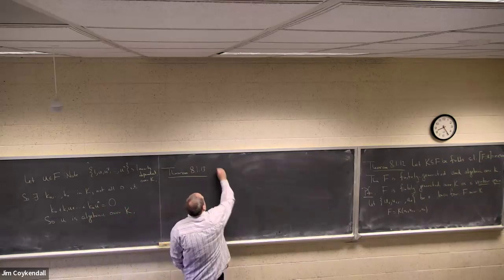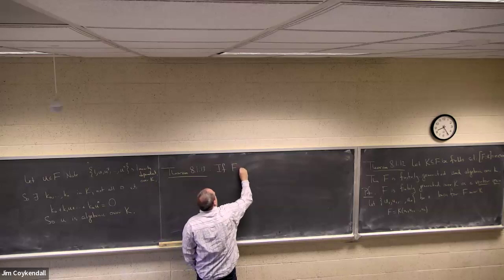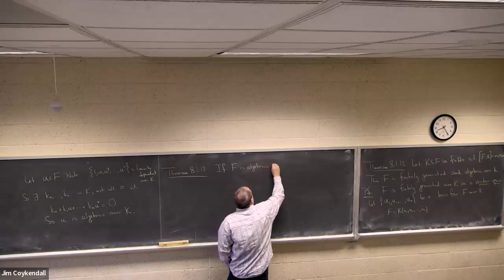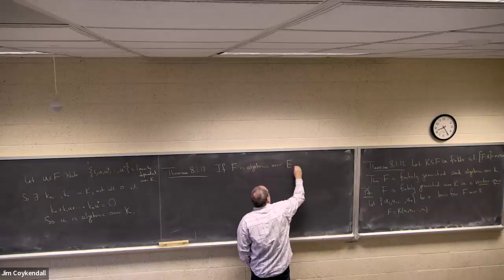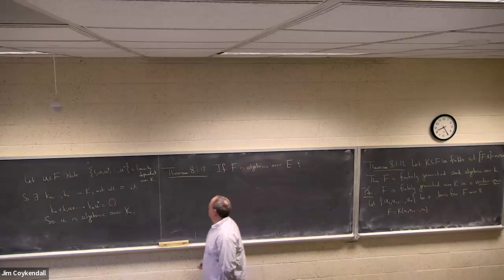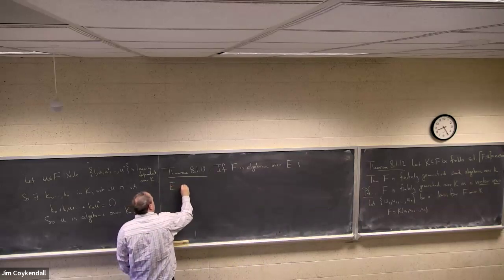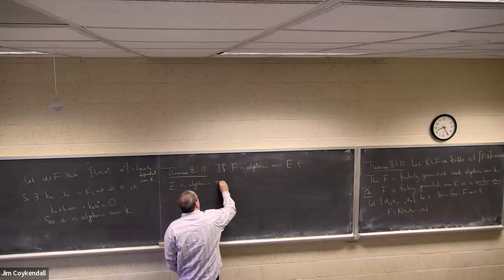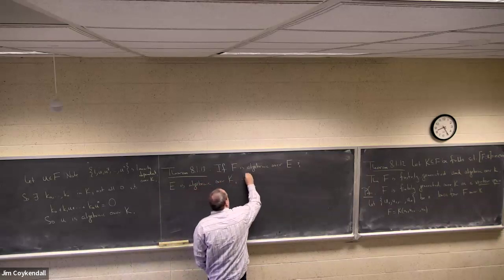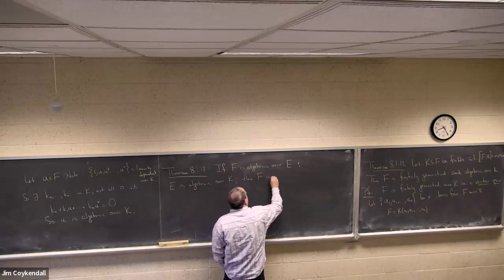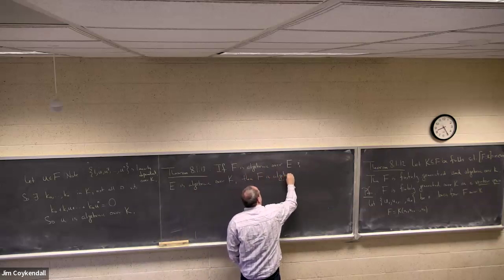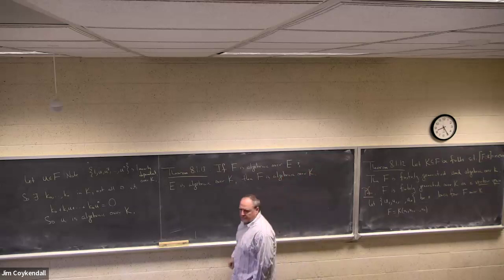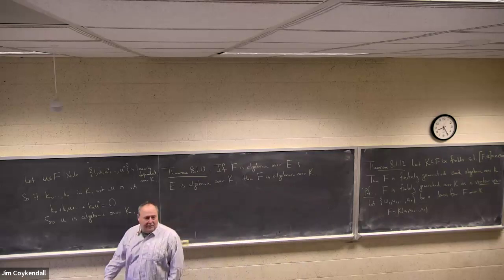So if F is algebraic over E and E is algebraic over K, then F is algebraic over K. So this is transitivity of algebraic.